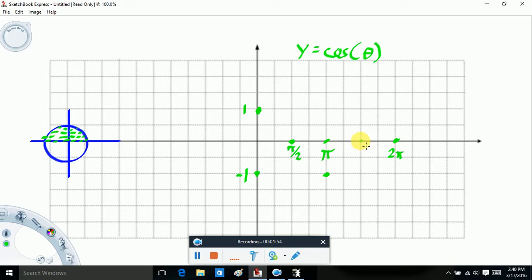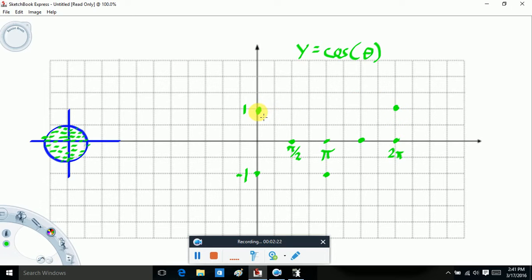Okay, then it slowly comes back and approaches 0 at 3/4 of the way. Cosine of 3 pi over 2 is 0. So we have this point over here. This one, that one. And then finally at 2 pi, it makes its way back up all the way to 1.